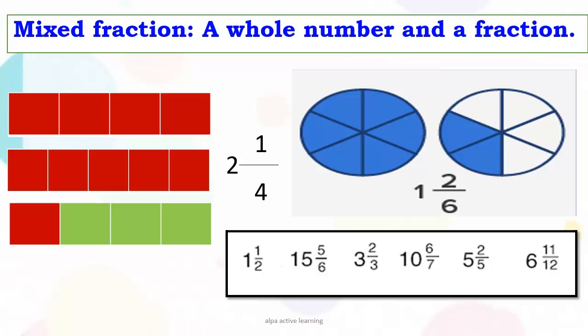So when we represent anything with a whole number and a fraction, it is known as mixed fraction. There are many mixed fractions like this: 1 and 1/2, 15 and 5/6, 3 and 2/3, 10 and 6/7, 5 and 2/5 and 6 and 11/12.